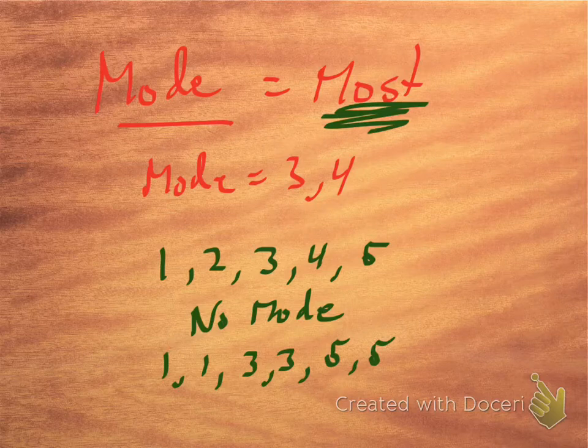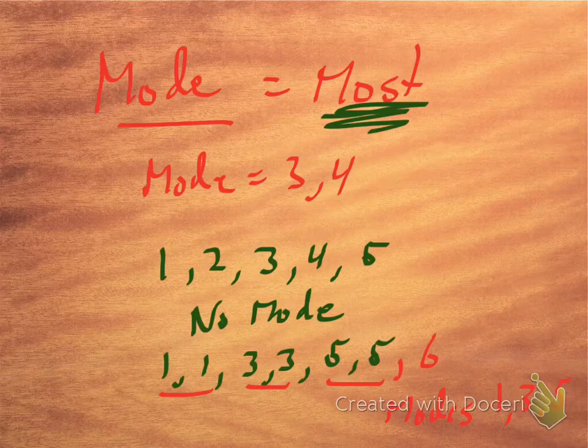Okay. However, let's say I add one more number to this list. Okay, now 1s happen twice, the 3s happen twice, the 5s happen twice, and the 6 only happens one time. So in this case, we have a 3-way tie, and you'd say that the modes now, with the 6, are 1, 3, and 5. So basically, to be a mode, you have to happen more than something else that actually happened.